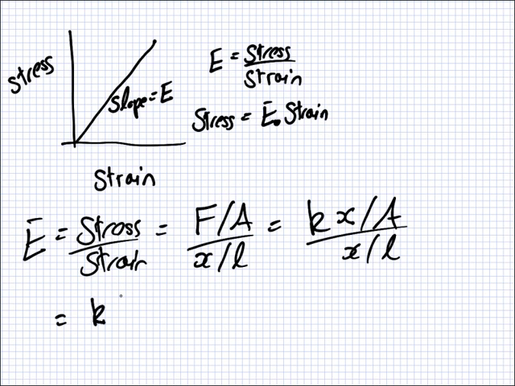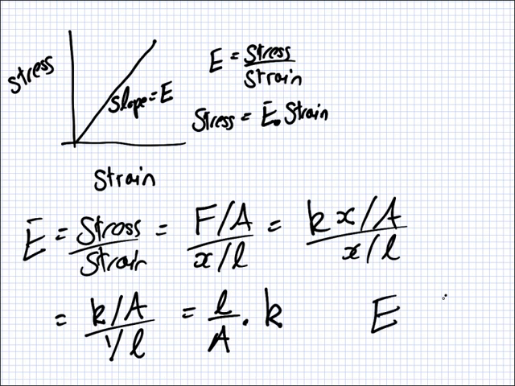So I have K over A over 1 over L. So that would be L over A times K. In other words, E is proportional to K. So basically what I'm saying is a big E is like saying a big K. It's very stiff. Okay?